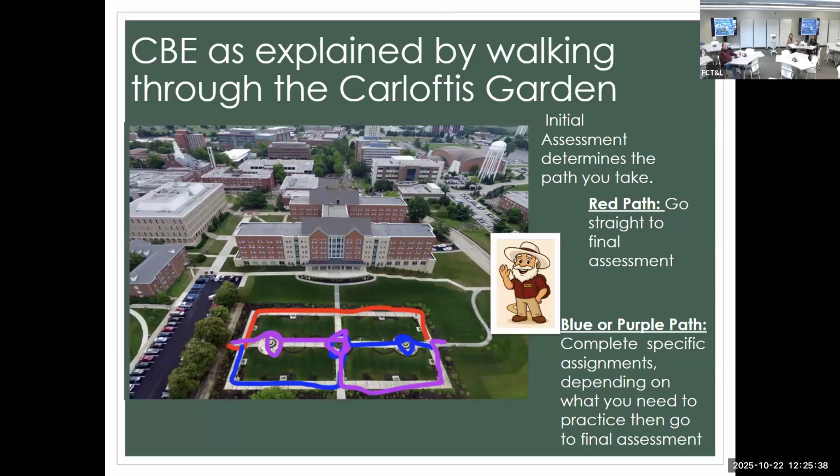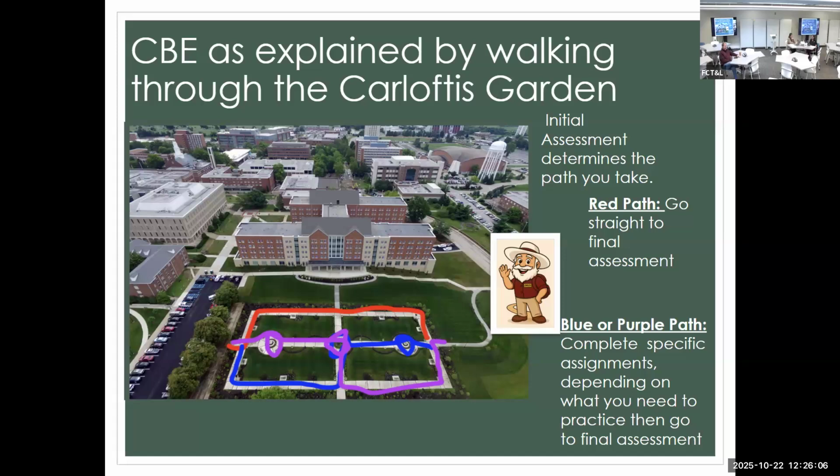We weren't sure if you were familiar with competency-based education, so I just want to explain it as if you're walking through the Karloftis garden. So you see Mr. Colonel there. He's starting his journey through the Karloftis garden. What's going to happen in a CBE class is we will ask Mr. Colonel to take an initial assessment. This initial assessment is going to determine the path that he takes through the garden.